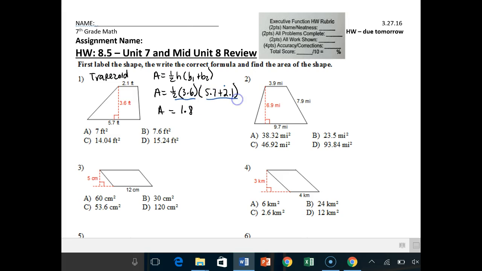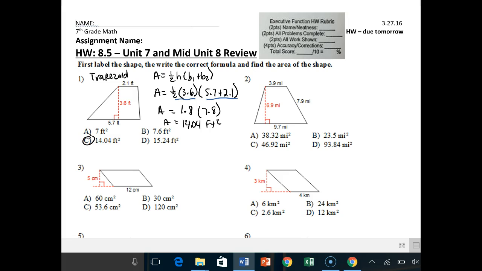And when you add 5.7 and 2.1 together, you'll get 7.8. So then you're just left with area is equal to 1.8 times 7.8. So your answer is area is equal to 14.04 feet squared.